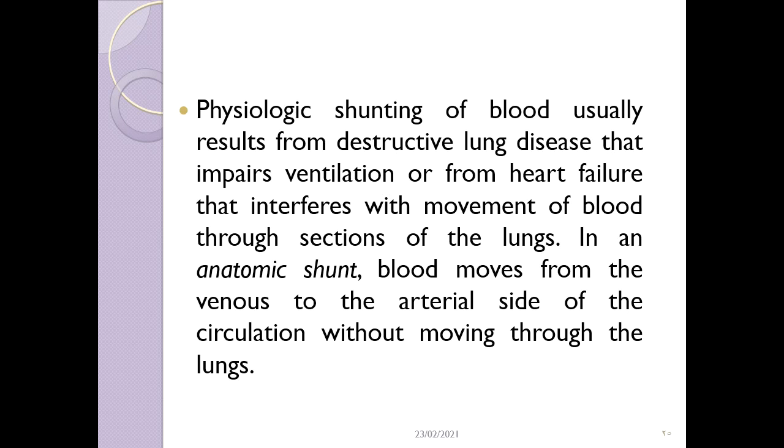Physiological shunt of blood usually results from destructive lung disease that impairs the ventilation, or from heart failure that interferes with the movement of blood through sections of the lung.